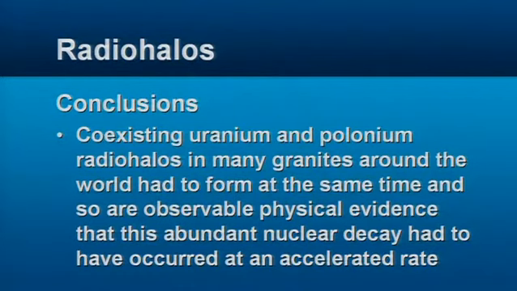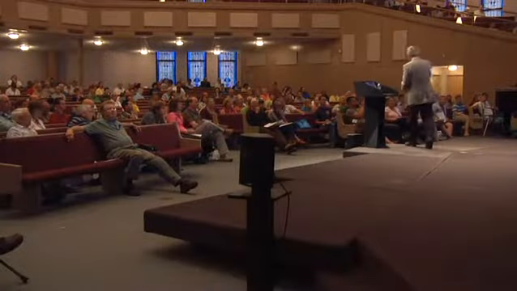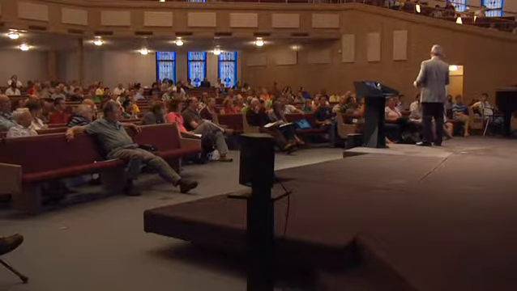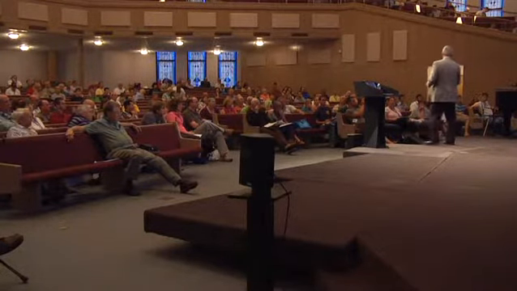You might say to me, but if the uranium decay was accelerated, why wasn't the polonium decay accelerated, or the carbon-14 accelerated? But were you listening to what I said on Tuesday night? What did we find? The slower the decay rate, the greater was the acceleration. That means the faster the decay rate, the less acceleration.